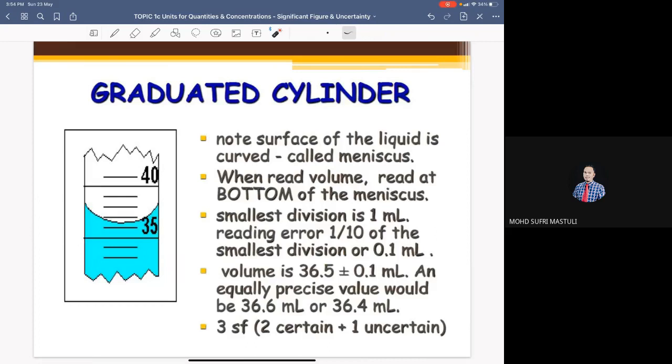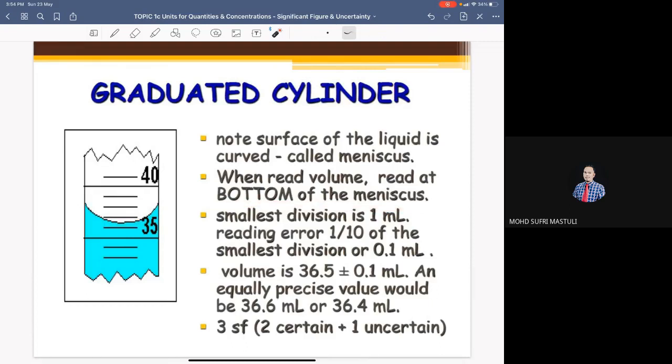We note that the surface of the liquid is normally curved, so we call it meniscus. So this is the meniscus. When we read the volume in the graduated cylinder, we read the bottom of the meniscus. So we will read here.